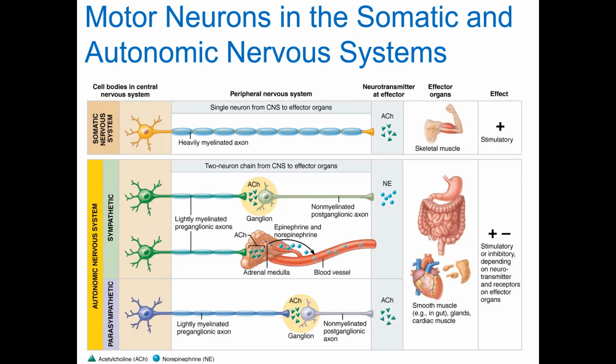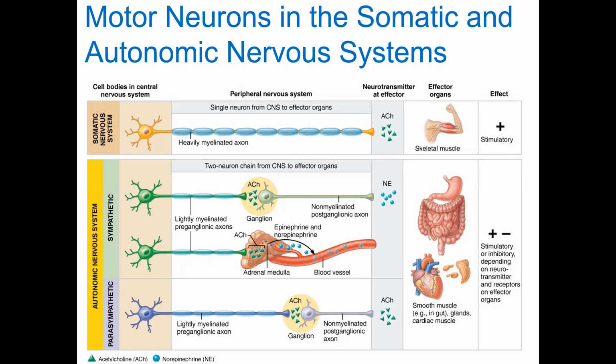The preganglionic neuron will always release acetylcholine at the cell body. In the sympathetic side, the postganglionic neuron always releases norepinephrine, always. The preganglionic neuron releases acetylcholine. The postganglionic neuron releases norepinephrine. This is in the sympathetic side.